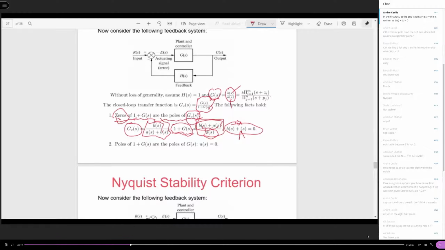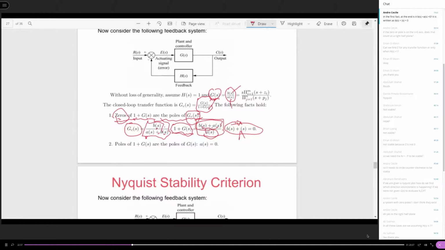Now we find that the closed loop system shares the same numerator as the open loop system, but the denominator becomes a of s plus b of s.